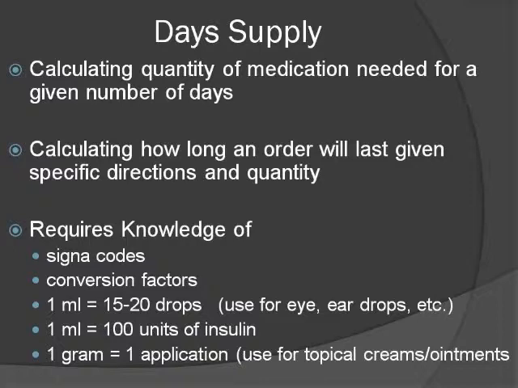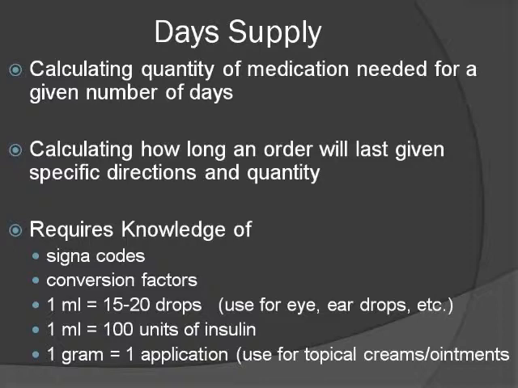For 1 milliliter, you can get anywhere from 15 to 20 drops, because the majority of times you'll never see an order written for so many milliliters, say 0.05 milliliters. I'm just throwing a number out there. Milliliters to be instilled in each eye twice a day. You just don't see an order like that. You're going to see something that says so many drops twice a day.